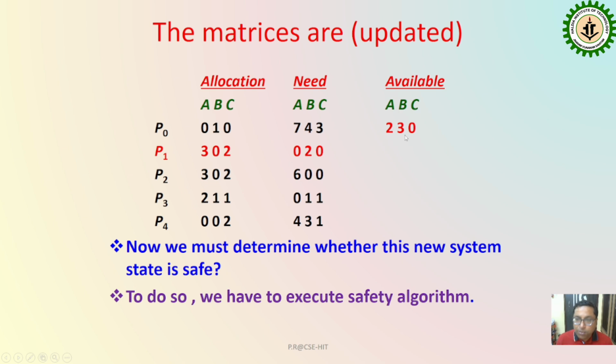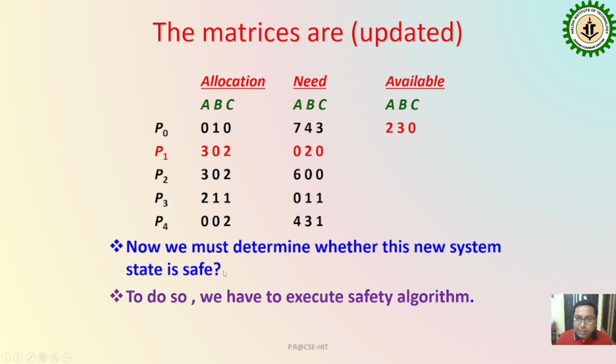So right now we have this state, and again we have to check whether the system is in a safe state or an unsafe state. That means if we allocate the resource to the process, will the system lead towards an unsafe state or remain in a safe state?